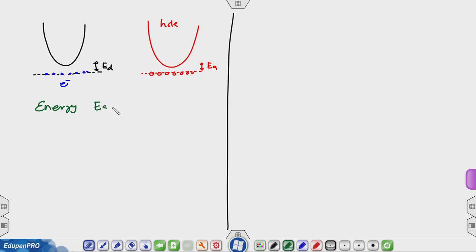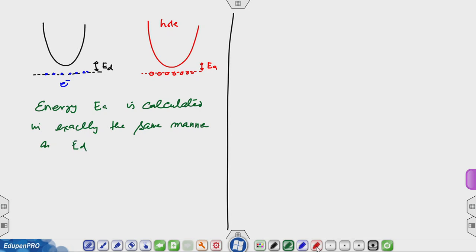Now, energy E a is calculated in exactly the same manner as E d. The picture we have is that here I have the negative aluminum ion, Al minus, and there is a hole moving around it.